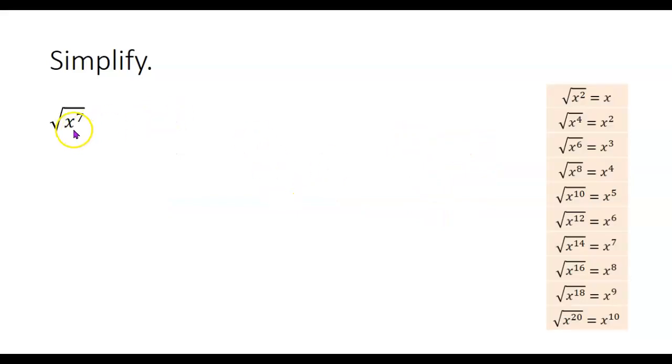What about the square root of x to the 7th power? Now, x to the 7th power is not a perfect square. It's not something that we can take the square root of and just get a nice whole x to some power. But what we can do is factor it into x to the 6th times x. So it's x times x times x times x times x times x times x.